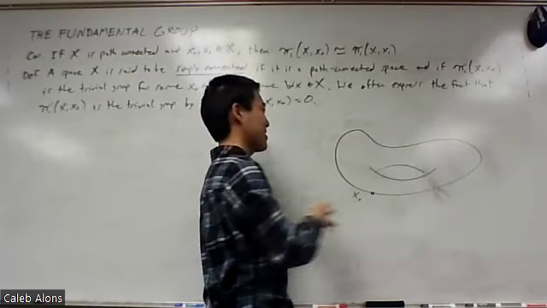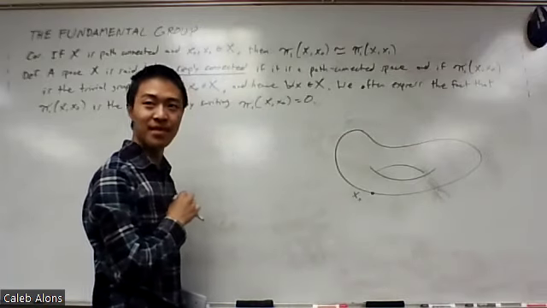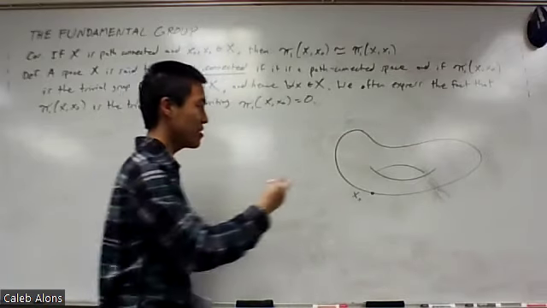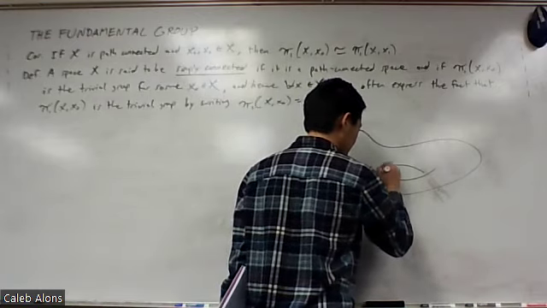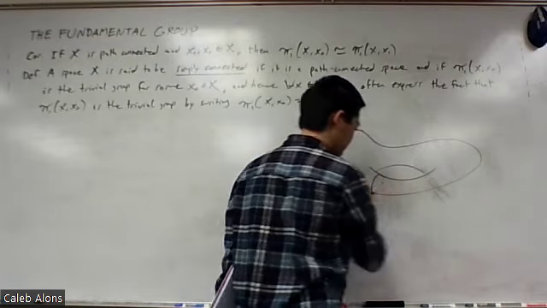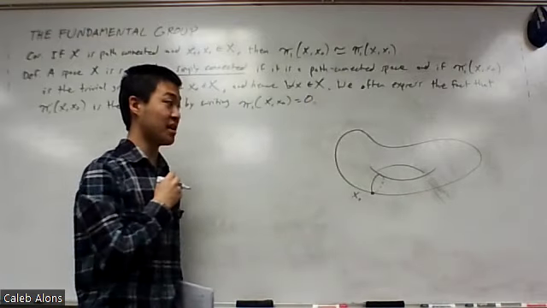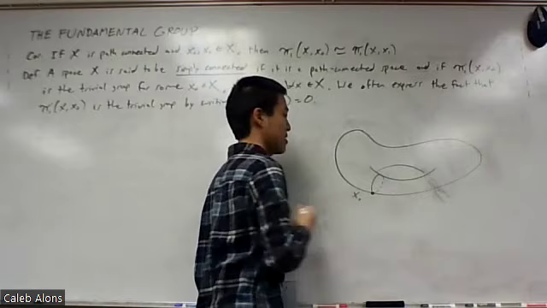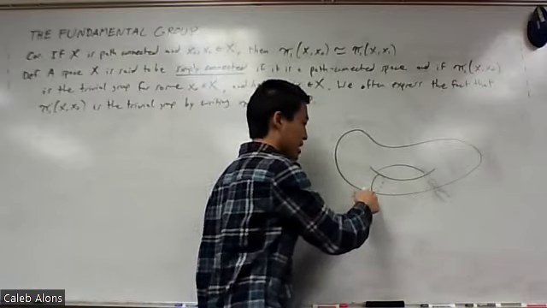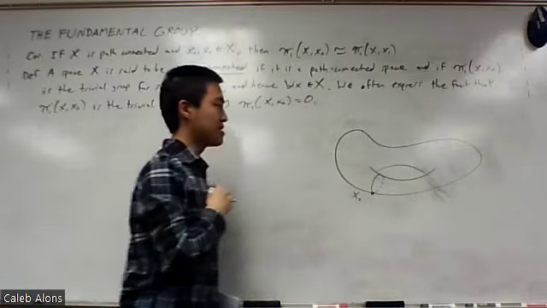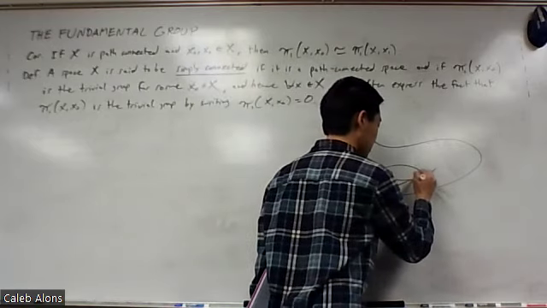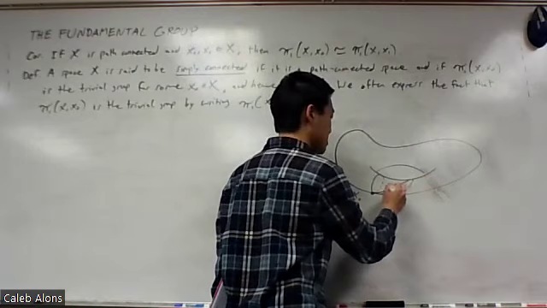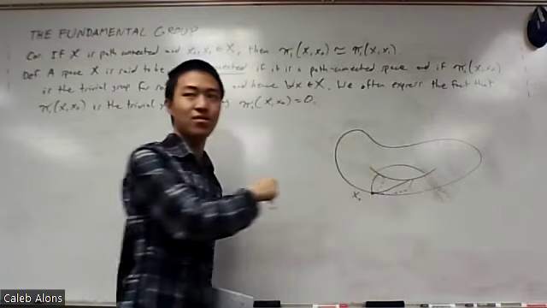This is existing in R3. It's a donut. Obviously, if I want to just wrap around the contour like this, that's a type of path. And pretty much any other path going like that is the same. Even if I stretched it out and traveled along here before looping back around, it's essentially the same thing. I could deform it back onto that idea.